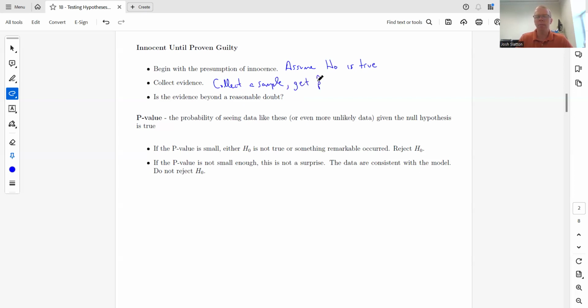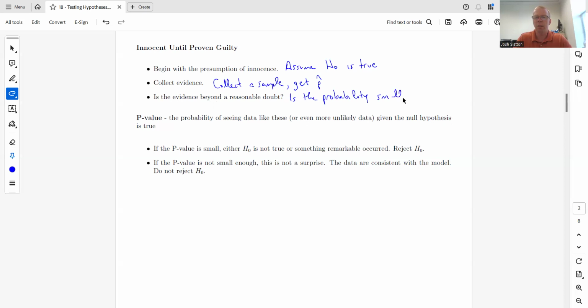And we're going to see how p hat compares to where p is, and how extreme that is, and can we say that that would just be a variation due to random chance, or has something changed? So then, based on the probability, is the evidence beyond a reasonable doubt? We calculate a probability, and we're essentially asking, is the probability small enough?